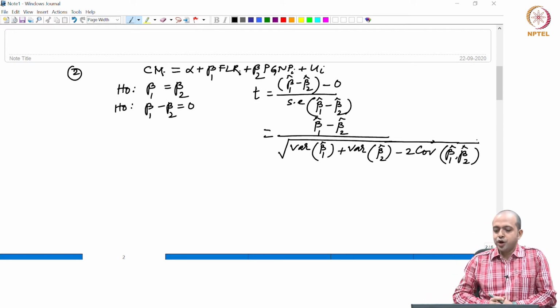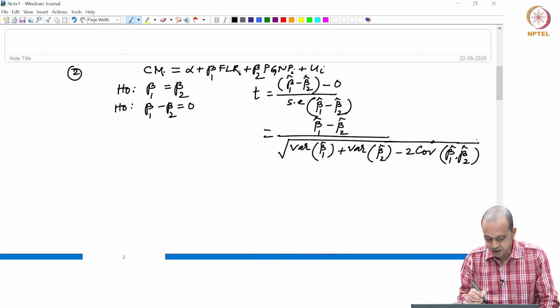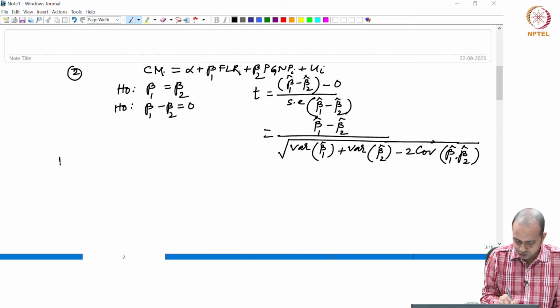This is how you have to calculate your T. Now, once again, this calculated T, what is your decision? How will you take your decision?